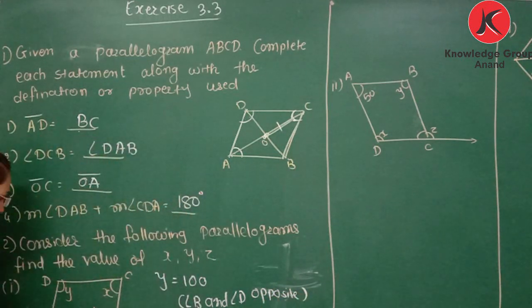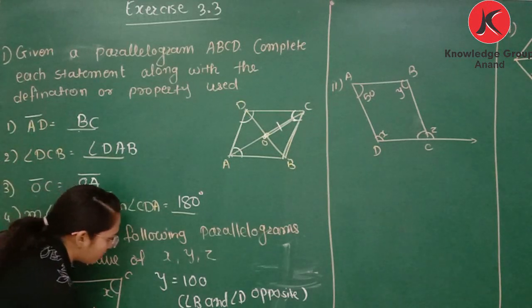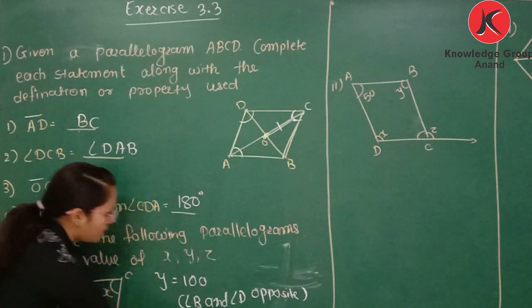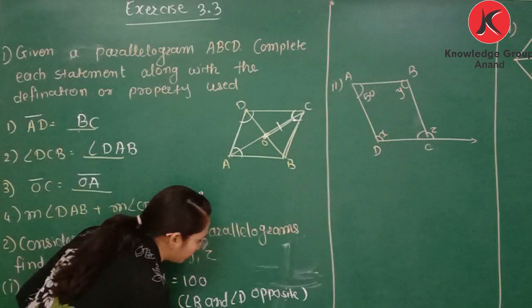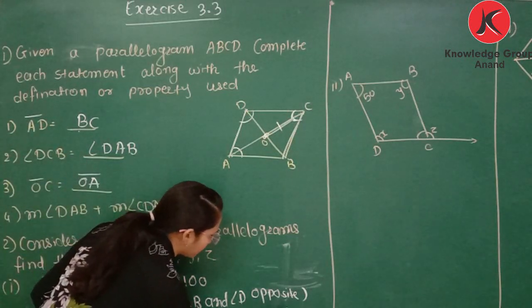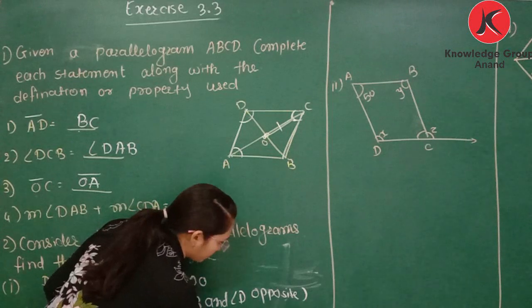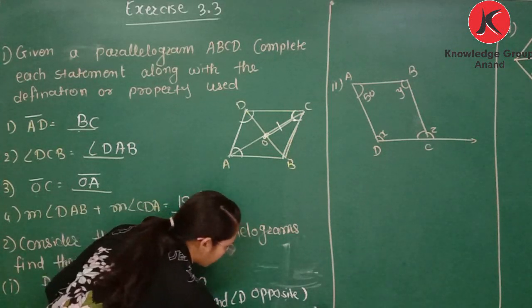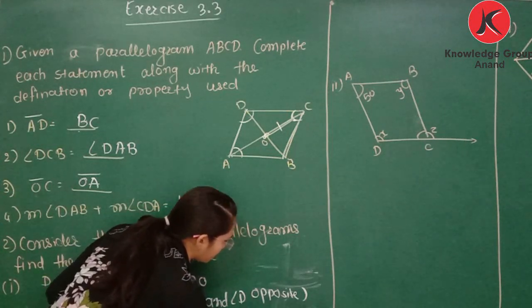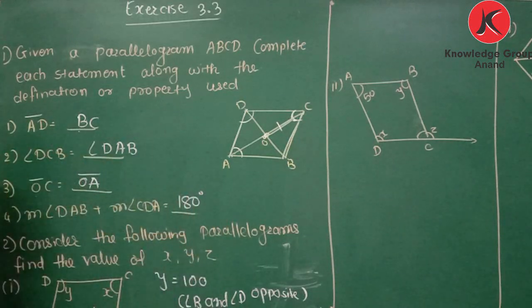Clear? Now what will be angle B and angle A? Angle A plus angle B is equal to 180. Why? Because adjacent angles are supplementary.